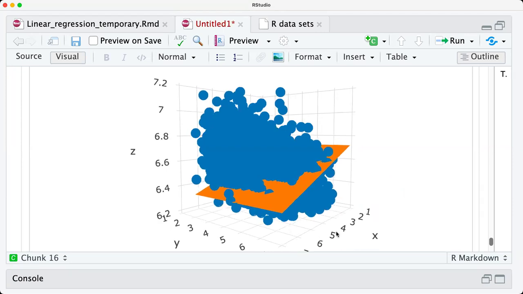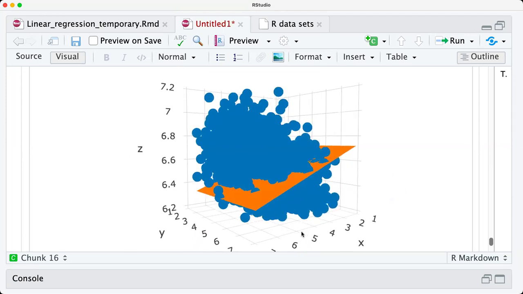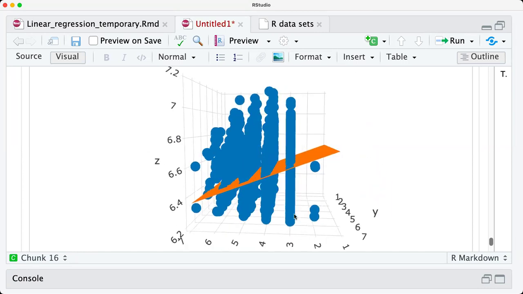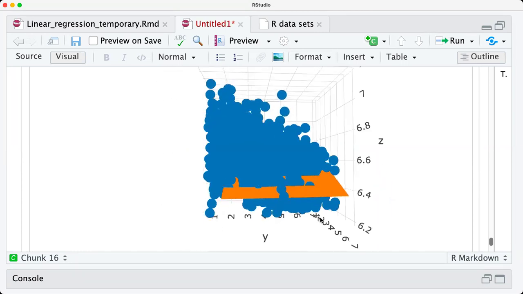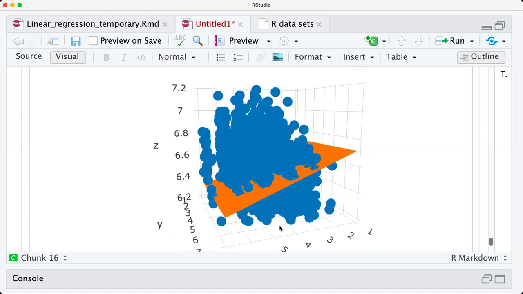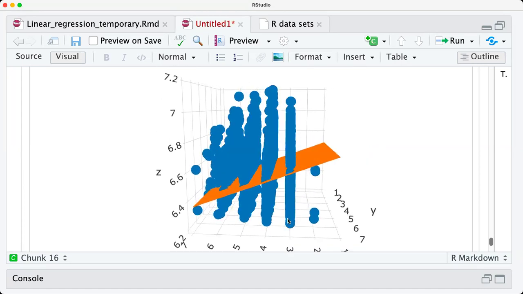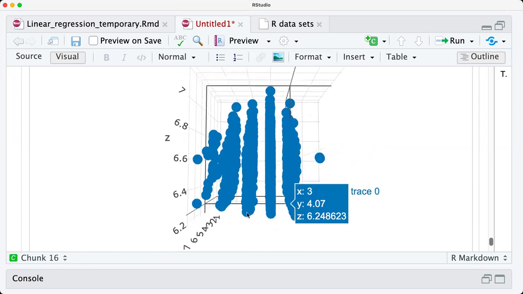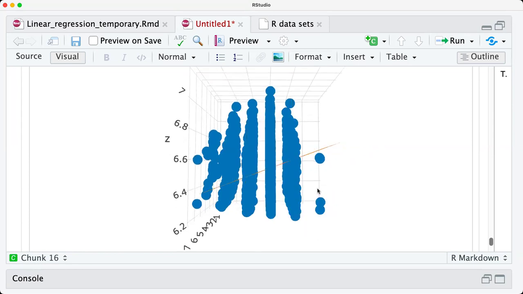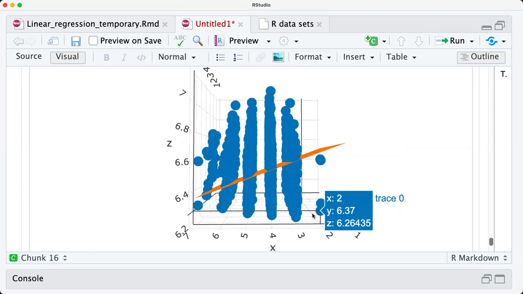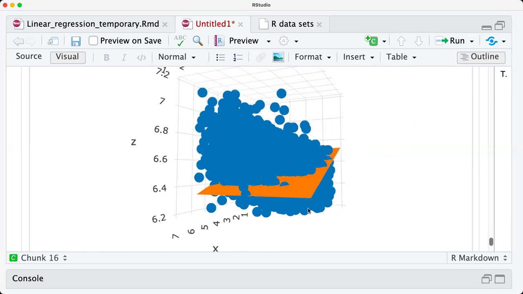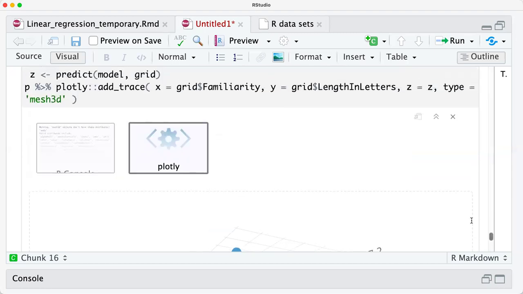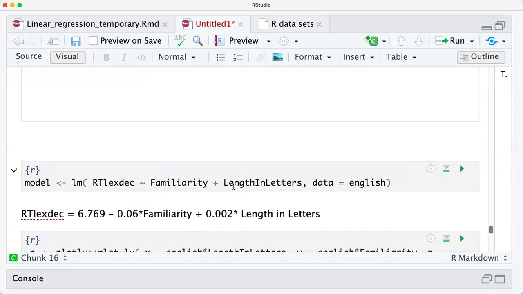And it is the plane that minimizes the residuals. So we see that here it has some slope, and here it has another one, and the slopes are the ones computed here.